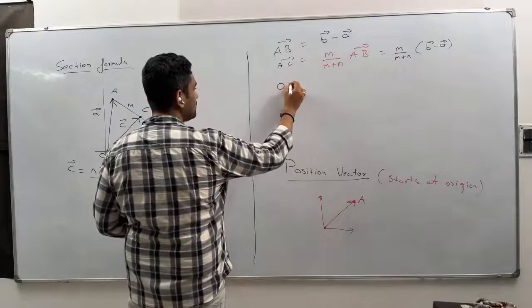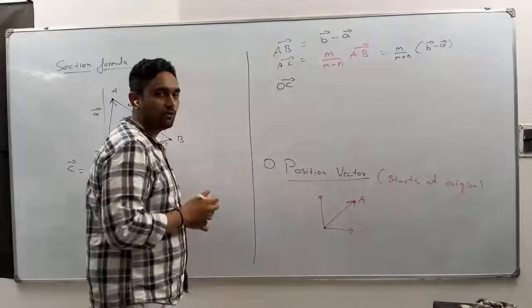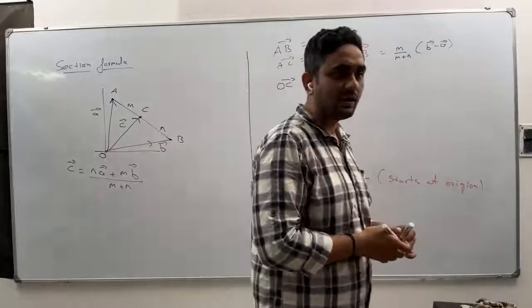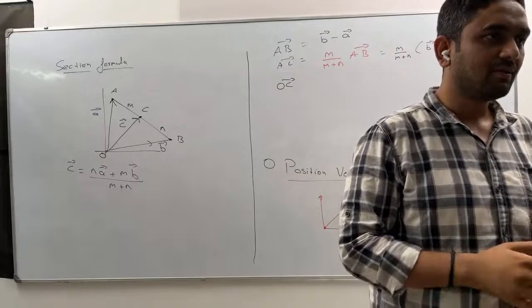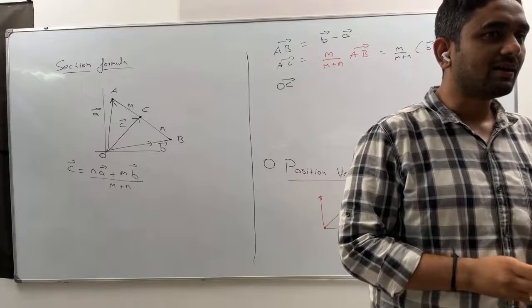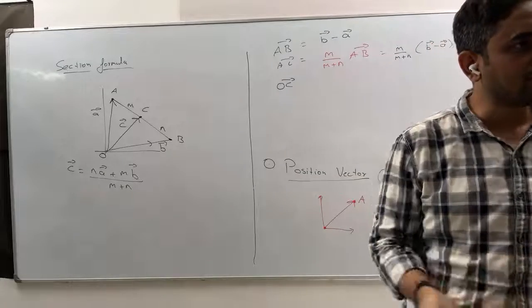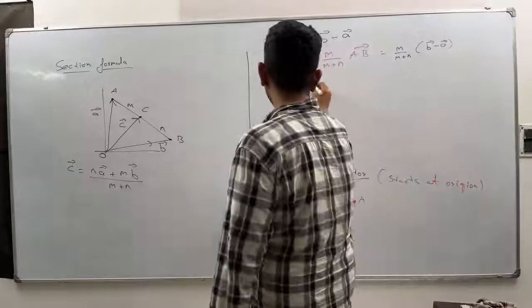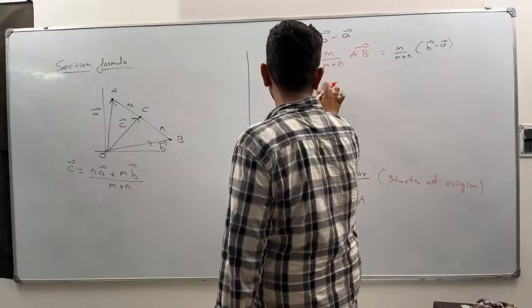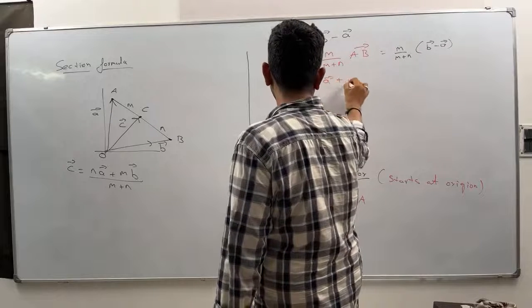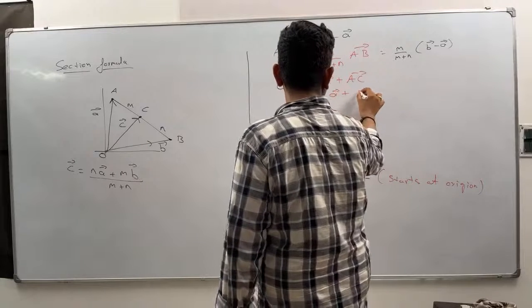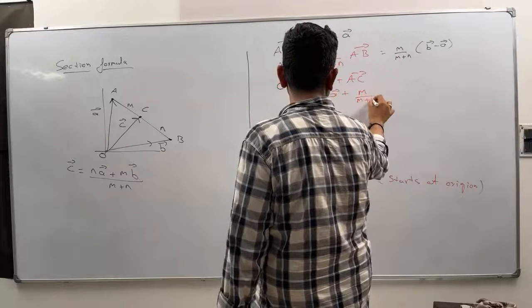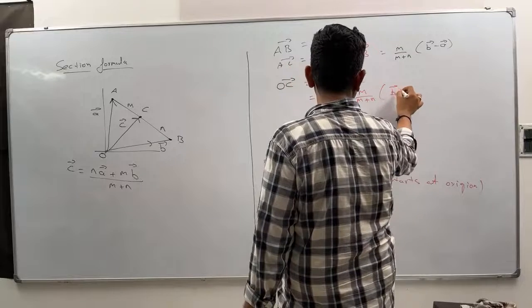So what will be OC in triangle AOC in terms of AO and AC? It will be vector A plus vector AC, triangle law of vector addition, right? So this will be A plus m upon m plus n into B minus A.